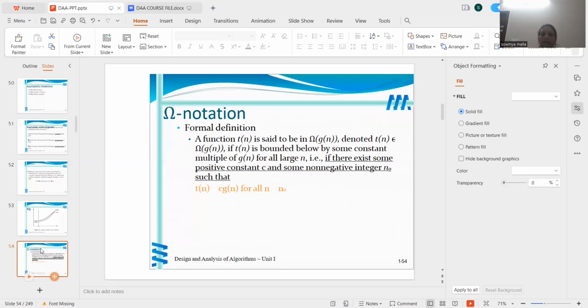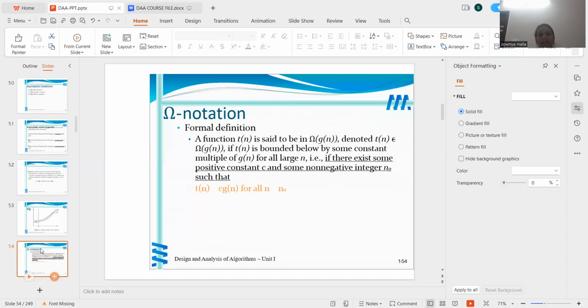Next, definition. A function t of n is said to be in omega g of n, denoted t of n belongs to omega g of n, if t of n is bounded below by some constant multiple of g of n for all large n. What is the meaning of this definition?